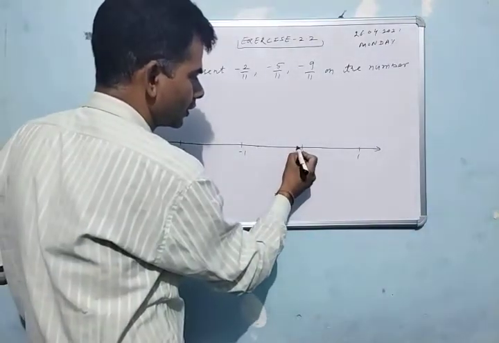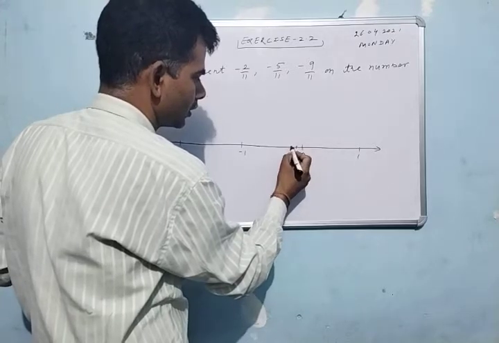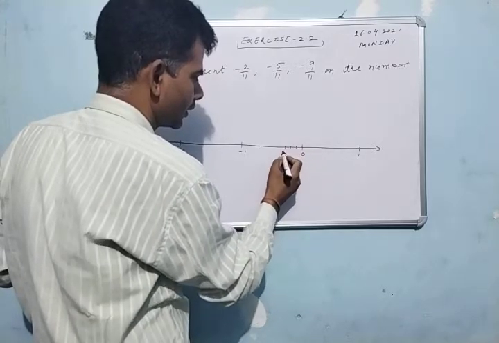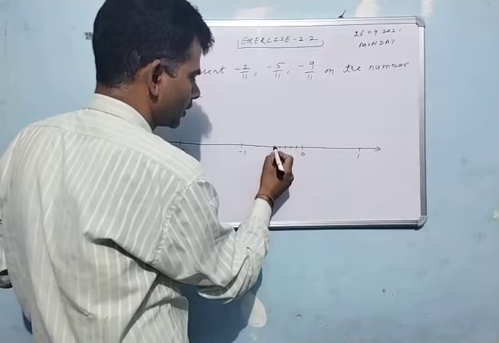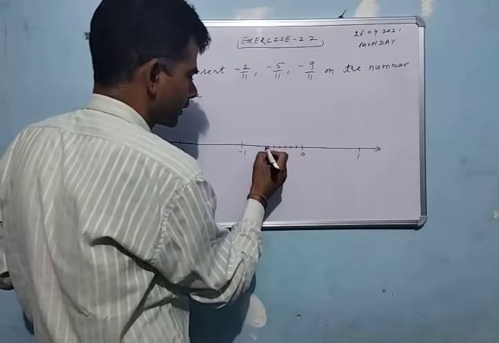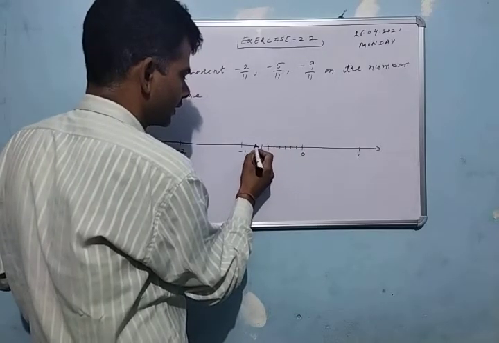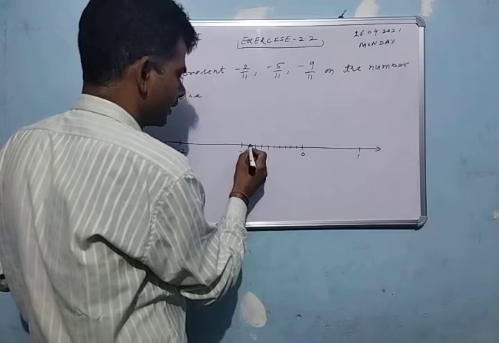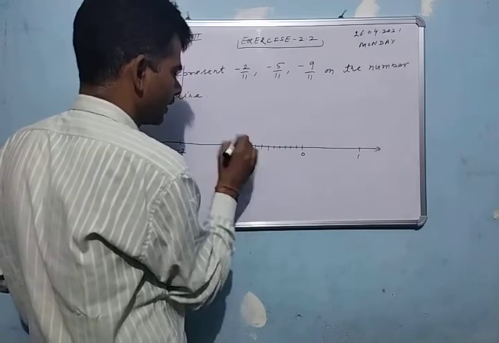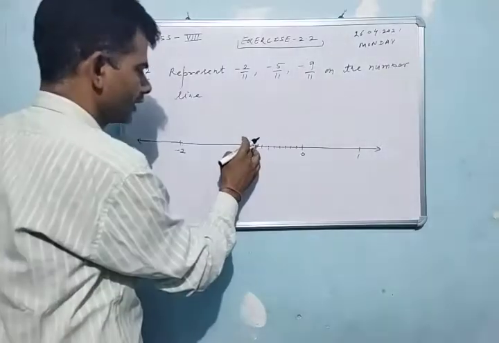That is 1, 2, 3, 4, 5, 6, 7, 8, 9, 10, and that is 11.